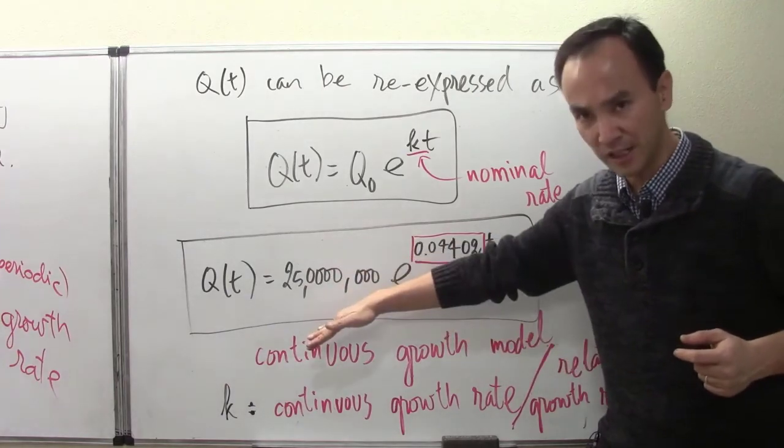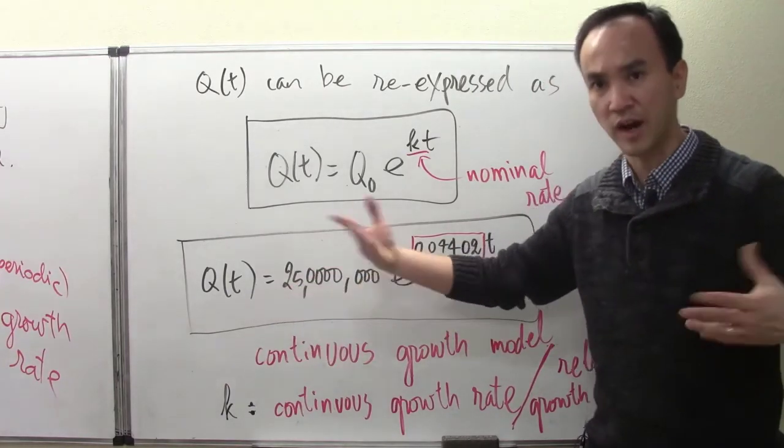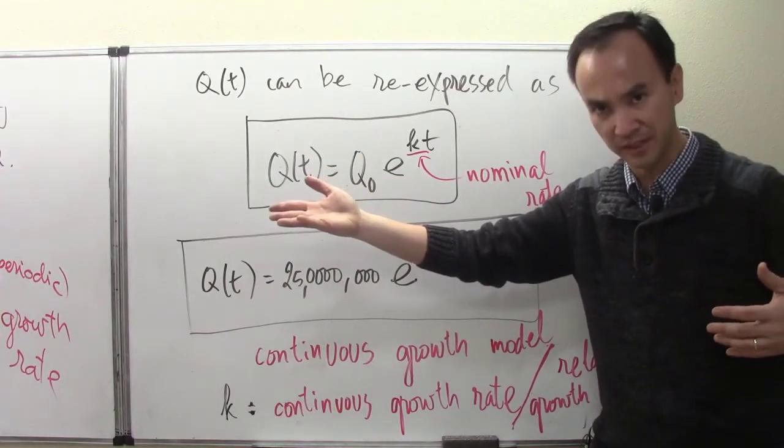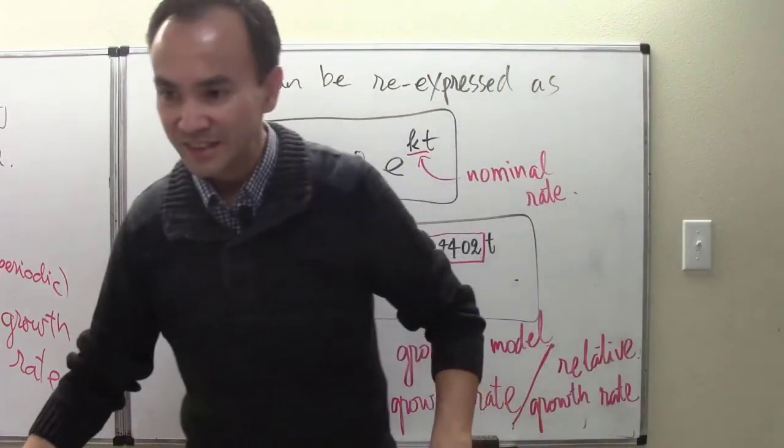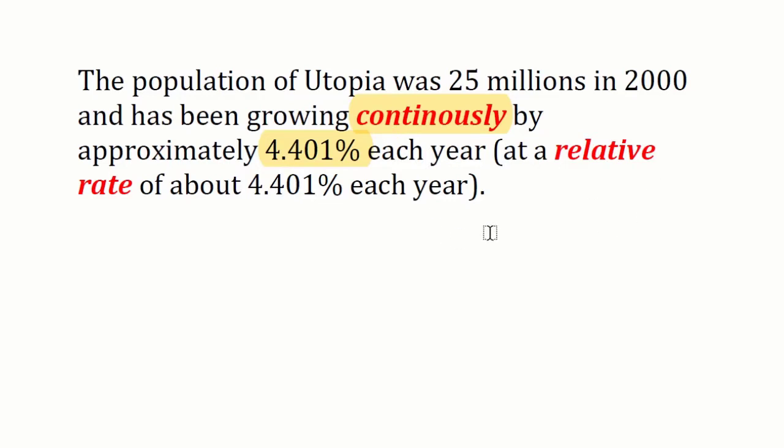And if you would like to, or if you are asked to write the growth in periodic growth, then you can re-express this. Okay? In a lot of problems in Professor James Stewart's textbook, instead of writing "growing continuously by approximately 4.402% each year", he wrote "growing at a relative rate of about 4.402% each year".